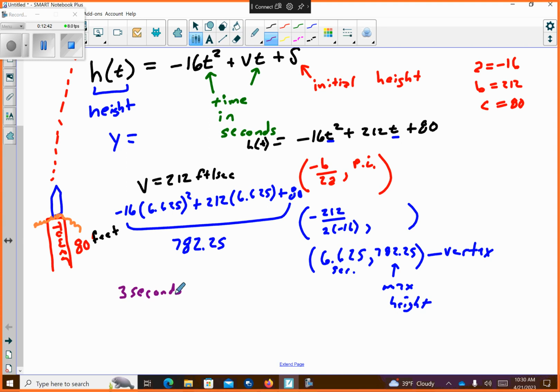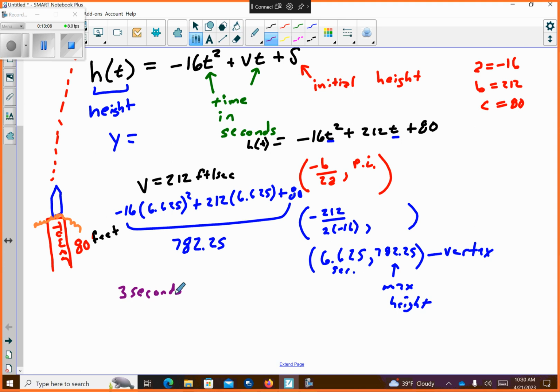How long does this rocket take to get to its maximum height? 6.625 seconds, right? So if I want to know how high the rocket is after 3 seconds, has it gotten to its maximum height yet? No. So would you feel comfortable that at 3 seconds, I have to have a number smaller than 782.25 feet? Does that make sense?